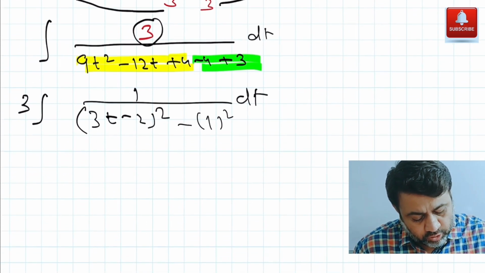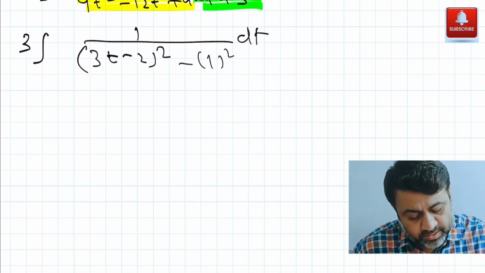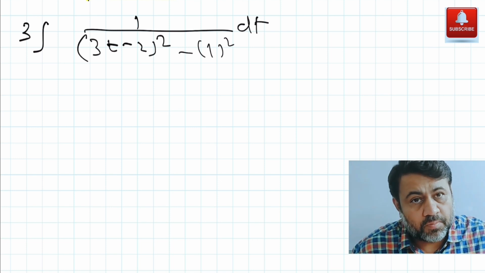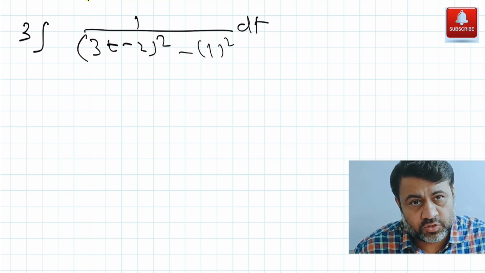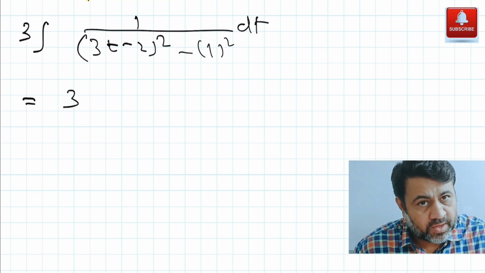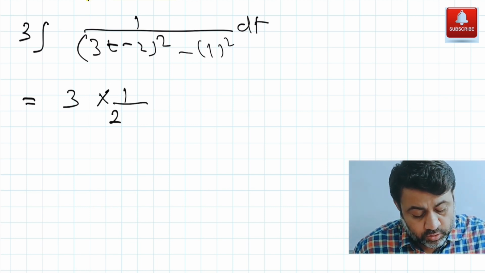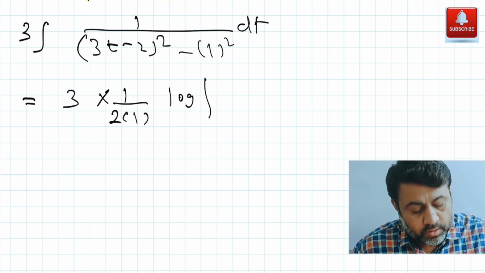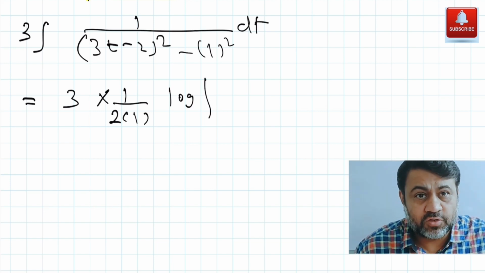Now this turns out to be integral of 1 by x square minus a square. If I have to apply the formula for 1 by x square minus a square, we get this 3 as it is, 1 by 2 times a, here a is 1, log mod x minus a upon x plus a, that is variable minus constant upon variable plus constant.